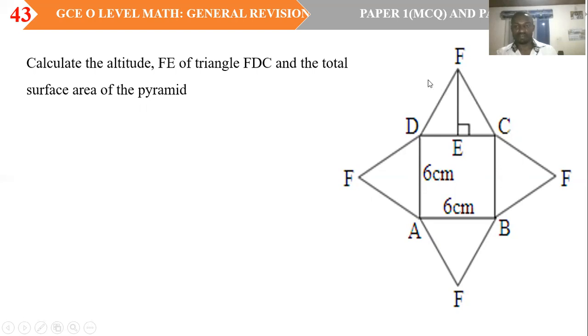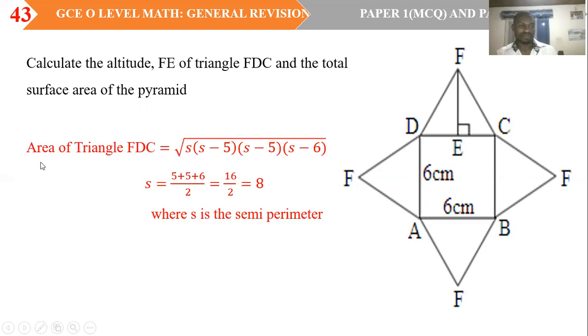To know the area of this triangle, we use Hero's formula, which states that we will need to first of all calculate S, the semi-perimeter. The area of the triangle by Hero's formula is the square root of S into S minus 5 into S minus 5 into S minus 6. And what are the sides?